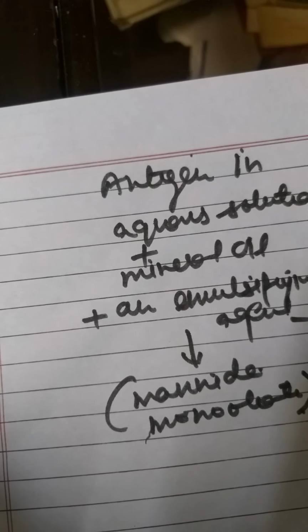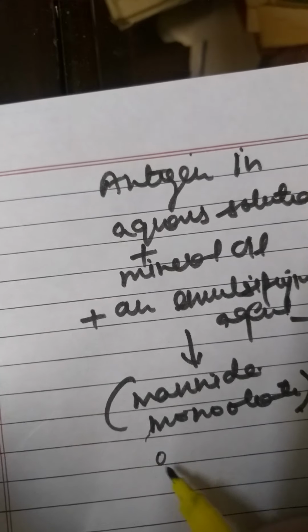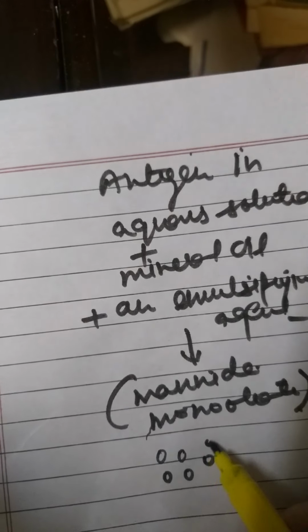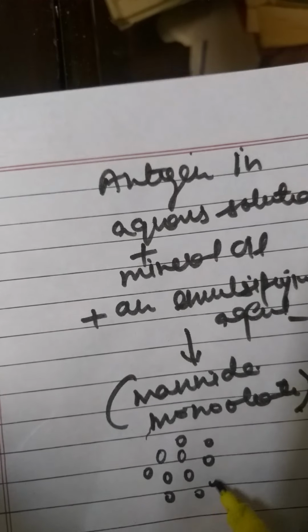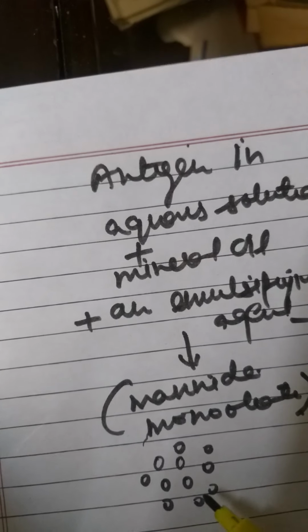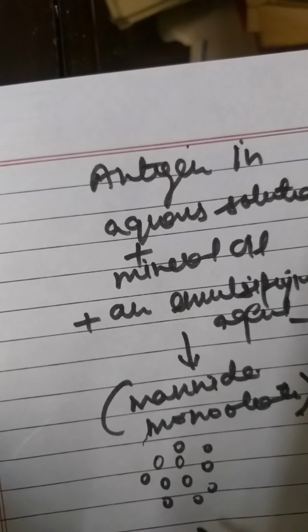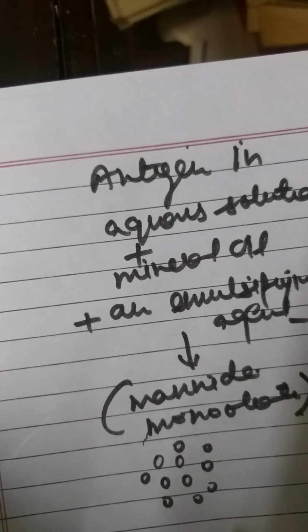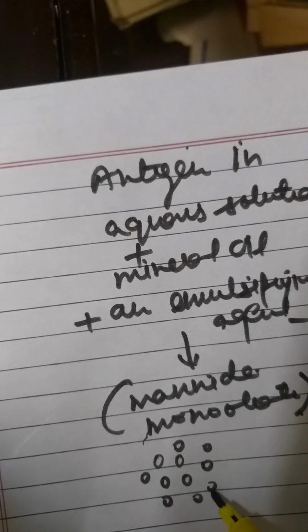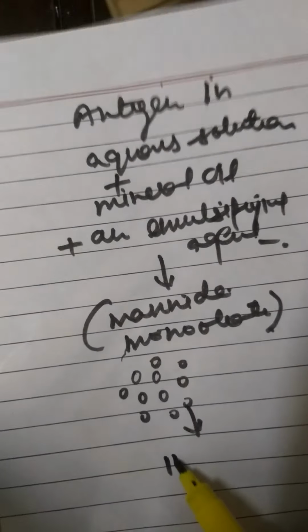The antigen is dispersed like this in small droplets, and the droplets surround the antigen, so the antigen is released very slowly at the site of injection.